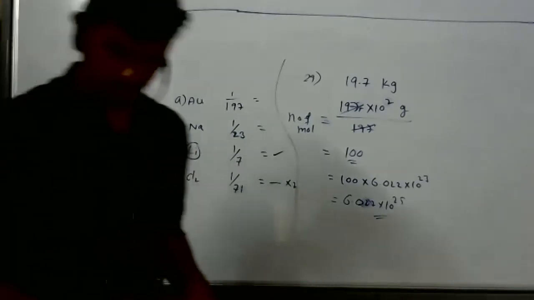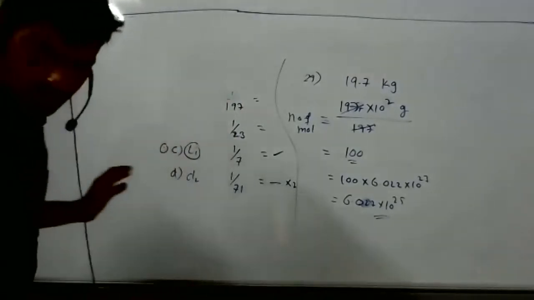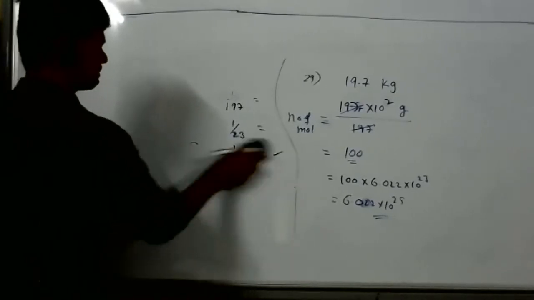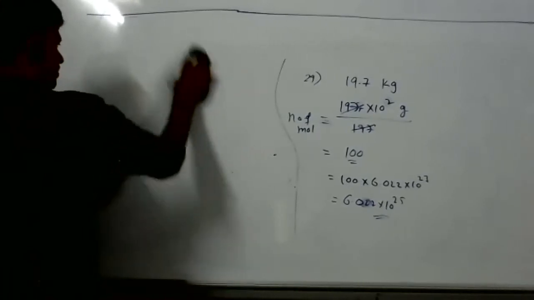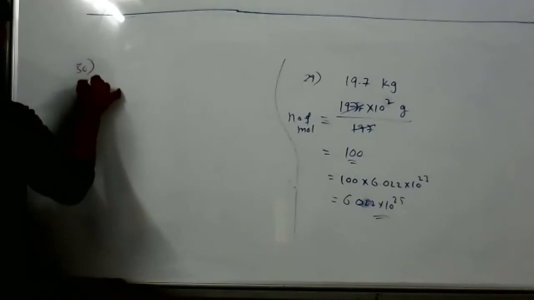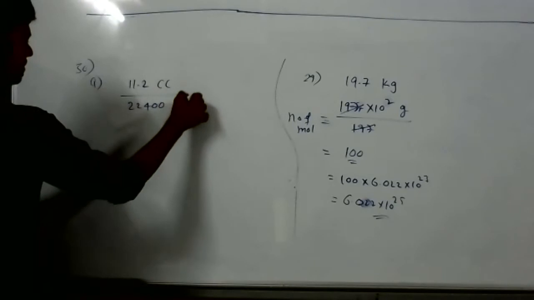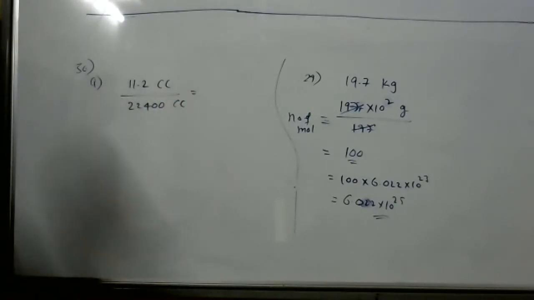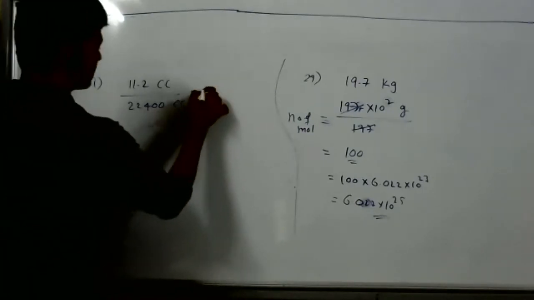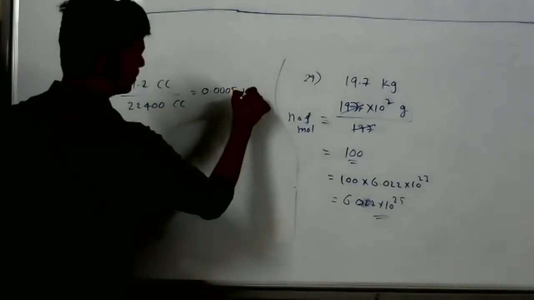First calculate that: 11.2 cc is equal to how many moles? 11.2 cc divided by 22,400 cc gives the number of moles. 11.2 divided by 22,400 is 0.0005 moles of N2.